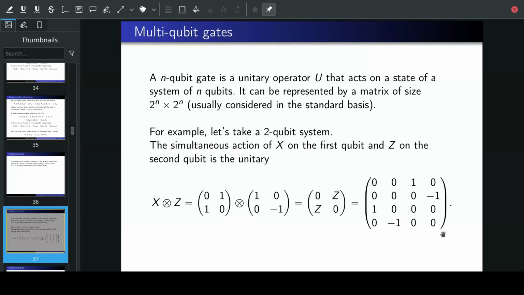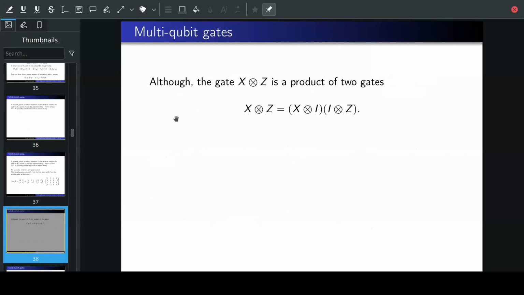And this will encode this action. But actually, this gate X tensor Z is the product of two such gates, where I is the identity matrix. And again, you can see this by the mixed product rule.